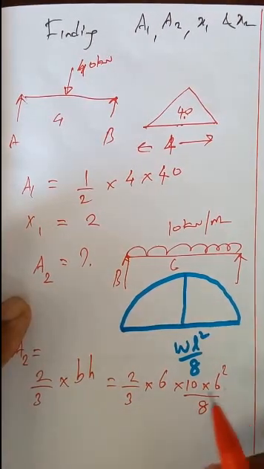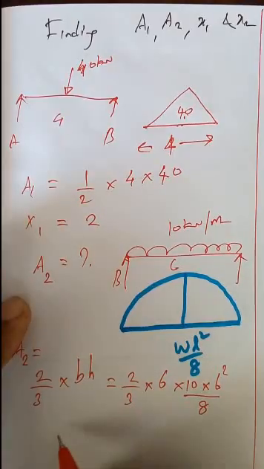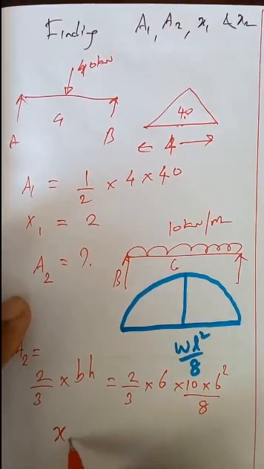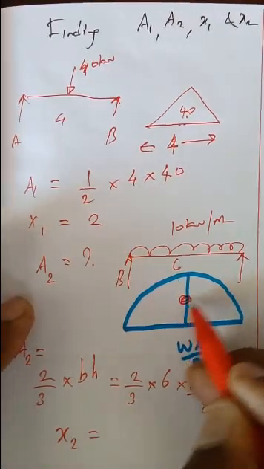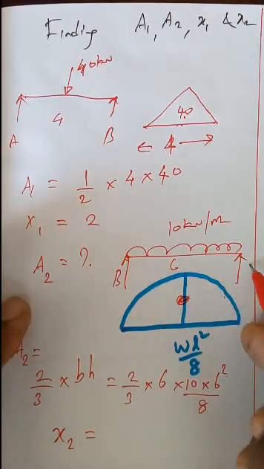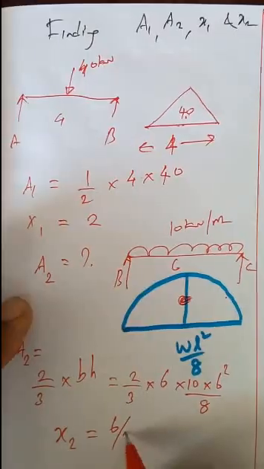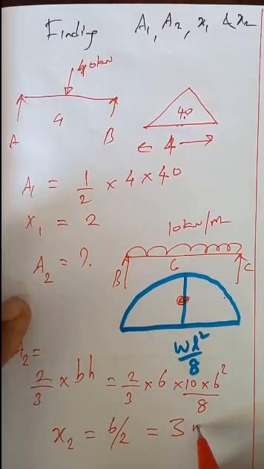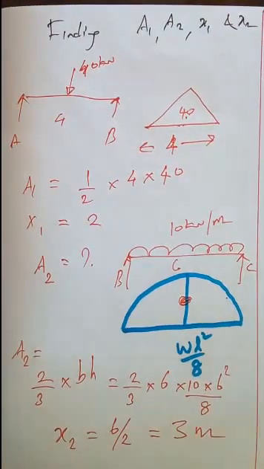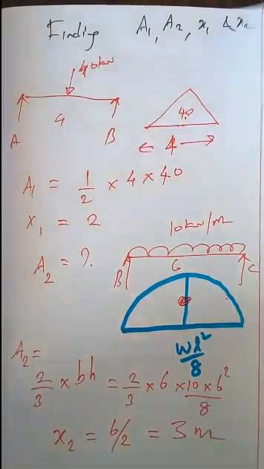Now this is your A2, and X2, if the centroid is located here, from this point to this point is 6 by 2, that is equal to 3 meter. This is how we evaluate.